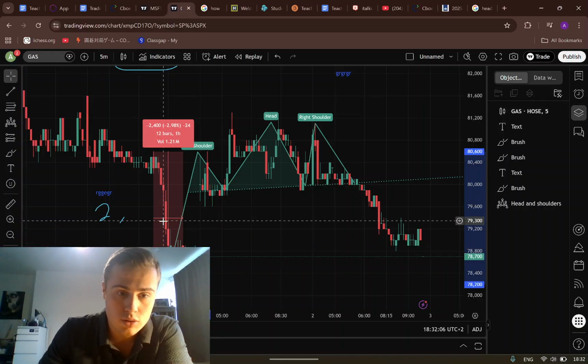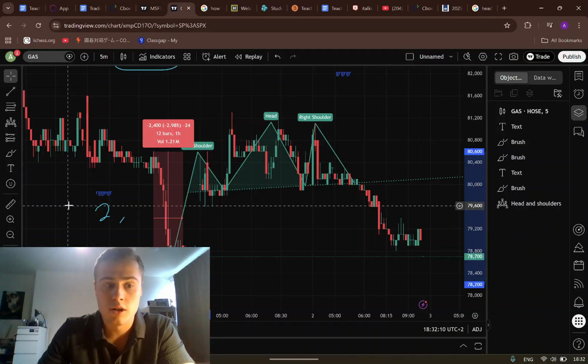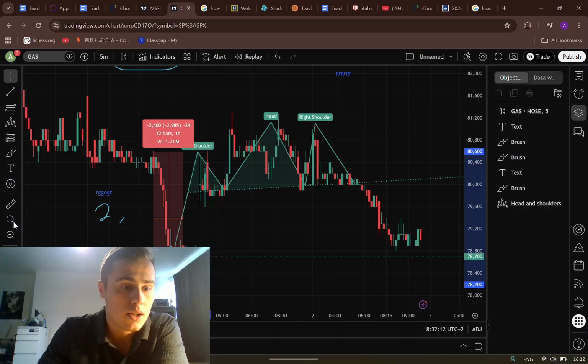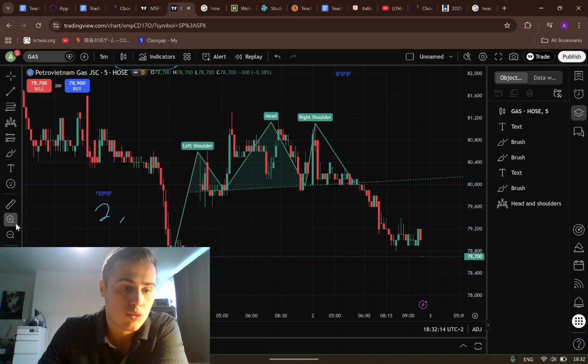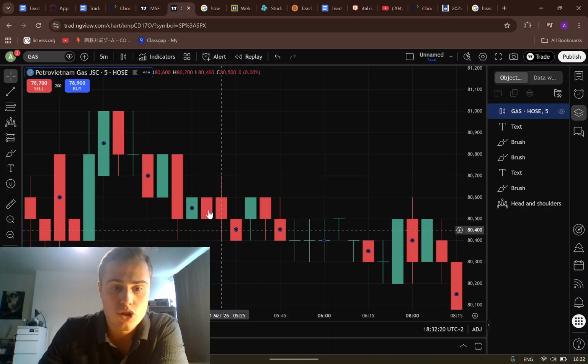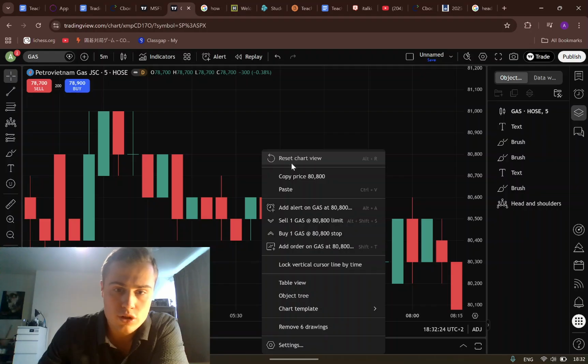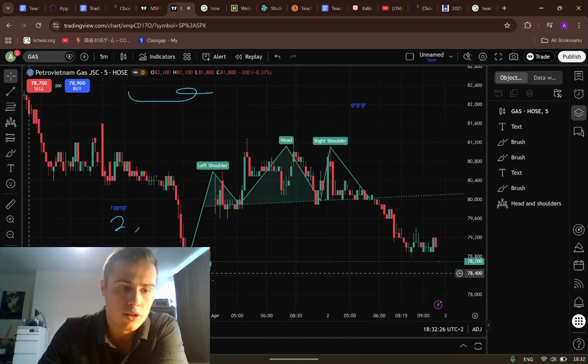It's just easier to look at this here rather than looking at the prices at the right part of the platform. We can zoom in or zoom out. So if we're interested in this part, we can zoom it in, and we can easily see whatever we want to see. In order to go back, we just go to the reset chart view.